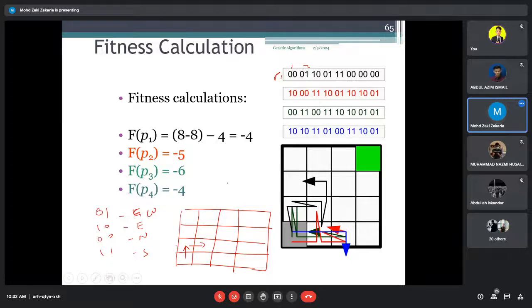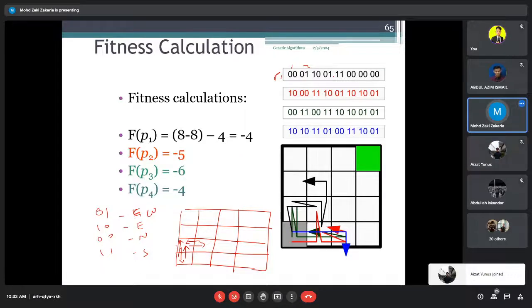Okay, third movement, 0, 1 west, go back to here. Then 1, 1 south, go back to here. 1, 1 south, and then 0, 0 north, go back up north.